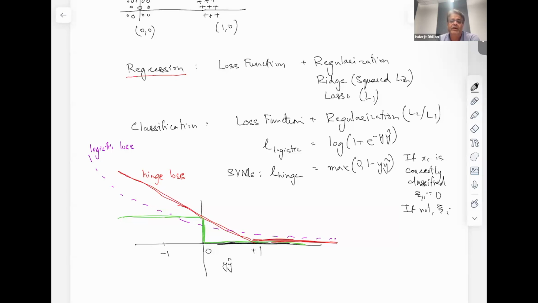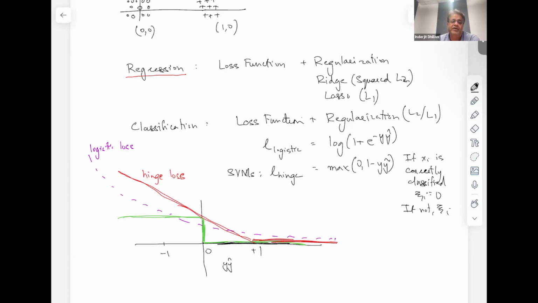If I think of this, remember my x-axis is y hat, this is 1 minus the x-axis, so it has a slope of 1. At y hat equal to 1, it is 0. At y hat equal to 0, it is 1. And it is linear. So no loss for correct labels, but when you are in the margin, you start having a linear loss.